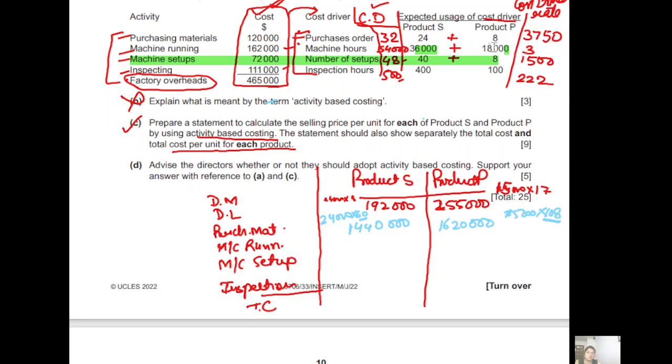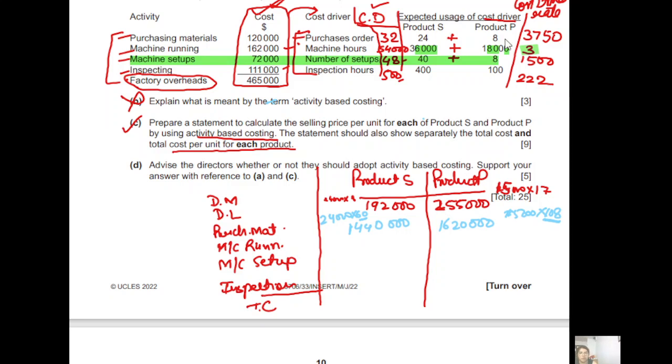So use this information. So 36,000, and here 18,000. Now the cost driver rate is 3. So 36,000 into 3, 18,000 into 3.